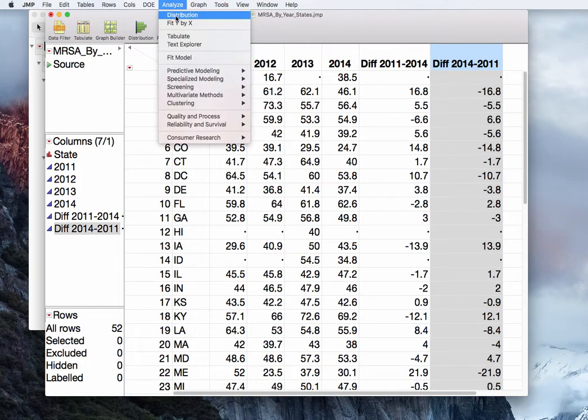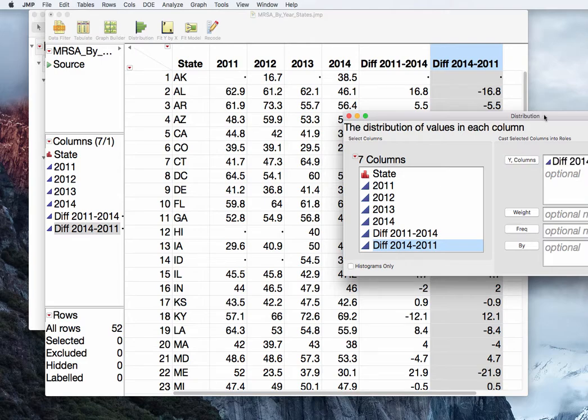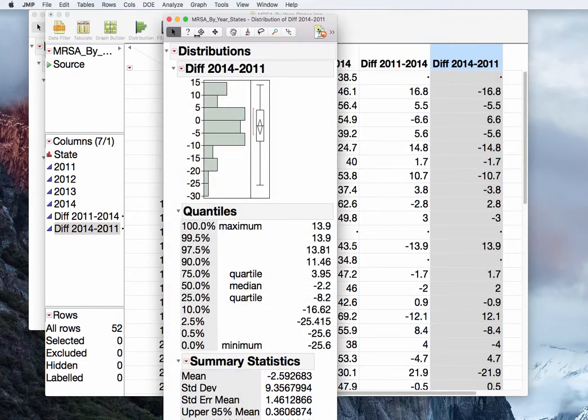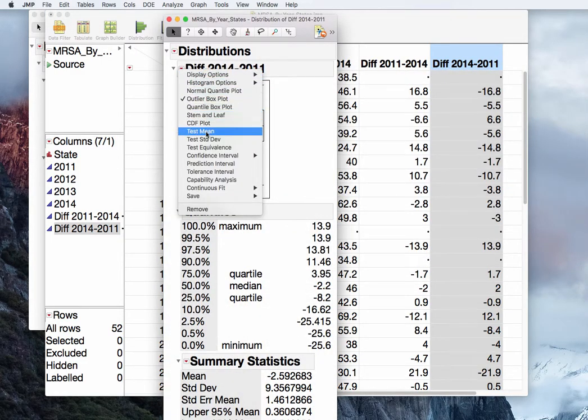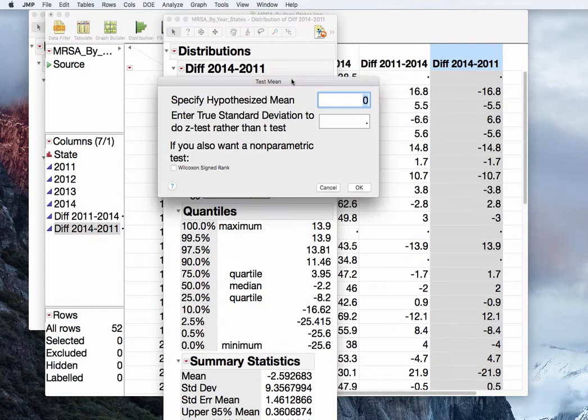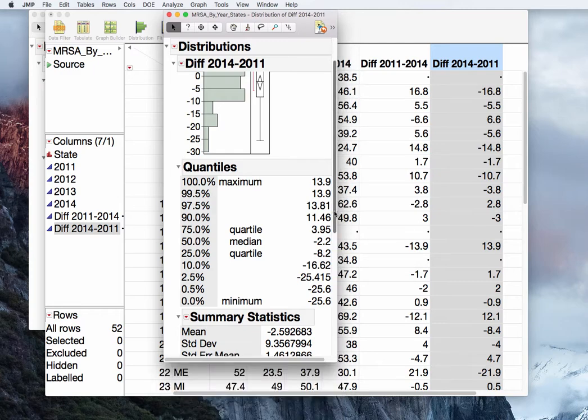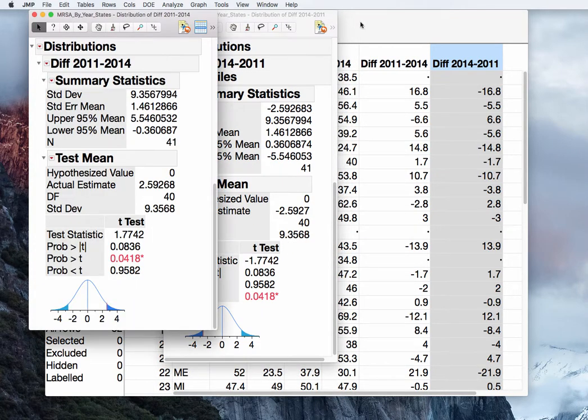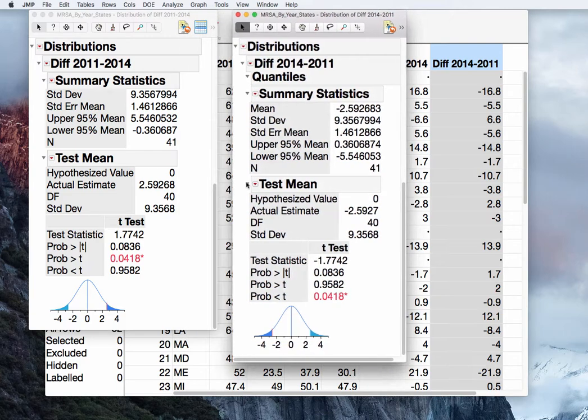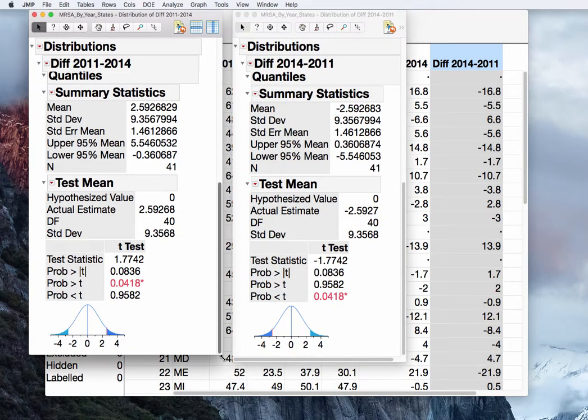If we do a distribution on this difference and press OK, and then also ask to test the mean equal to 0 and press OK, let me pull up our comparison for this variable.